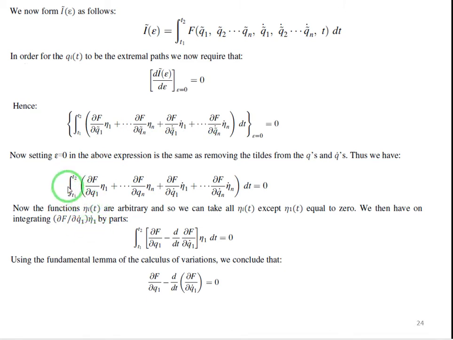By using this and by doing integration by parts, as we have done before, we can easily show that, for example, for eta 1, integration from t1 to t2 of partial derivative of f with respect to q1 minus d over dt of partial derivative of f with respect to q dot 1 multiplied by eta 1 dt is 0.